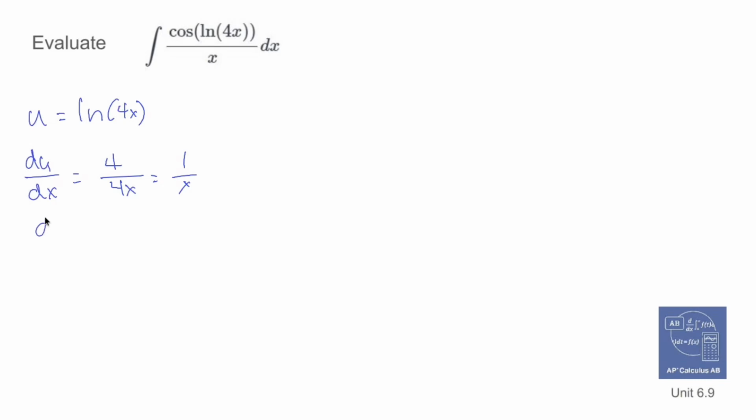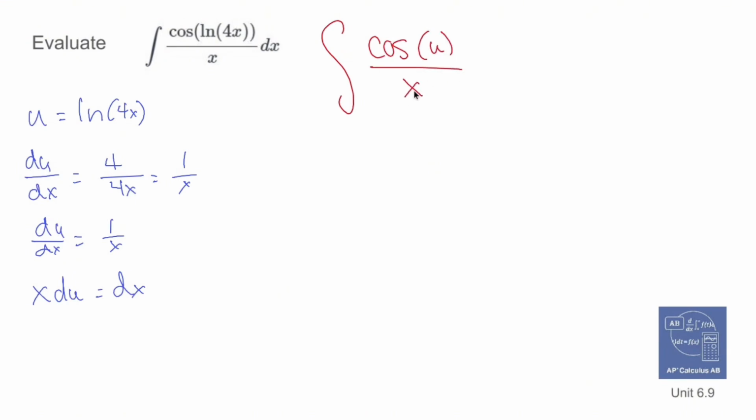Easy peasy. Let's take that, du dx equals 1 over x, do some cross multiplying and find out that we get x du equals dx. Now let's put some stuff together. We have the integral of cosine of, I called ln of 4x u, so cosine of u over x. Instead of dx, I'm calling it x du. Oh, how nice!